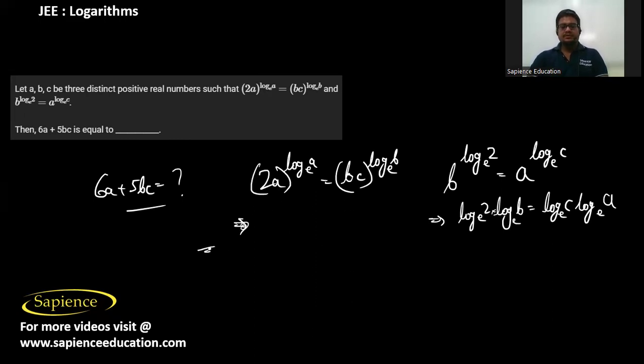And from here also, if we apply log on both sides, then since the base should be greater than 0, we can say that a, b, c, all these things should be greater than 0 only.